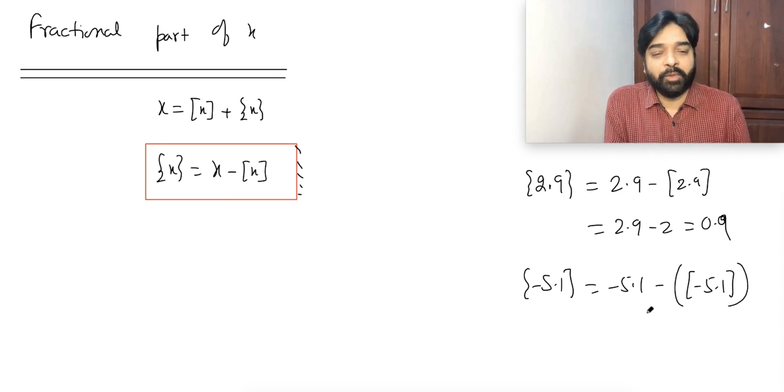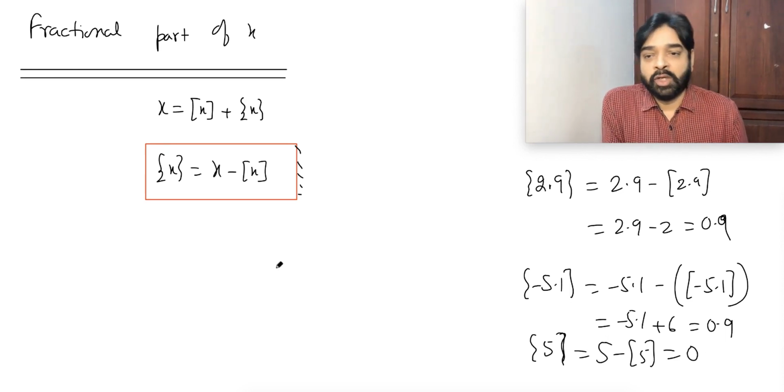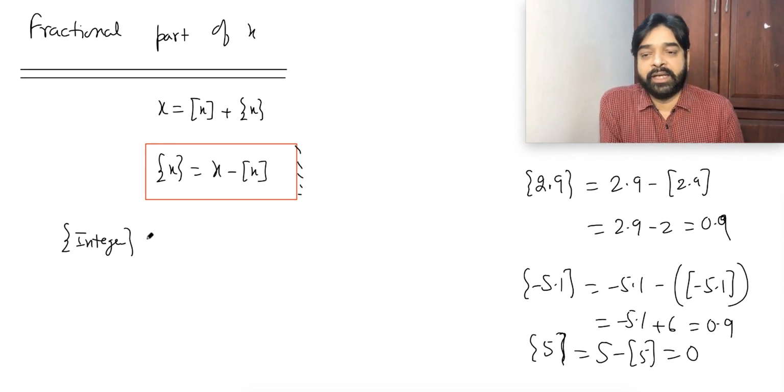Right now I am writing, but orally you can do it. If anybody asks the fractional part of 5, you will say 5 minus the greatest integer of 5, and that is 0. So we can simply say the fractional part of any integer is always 0.